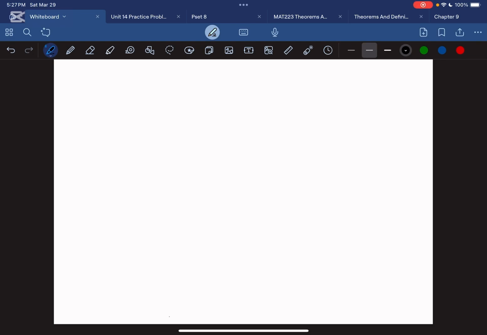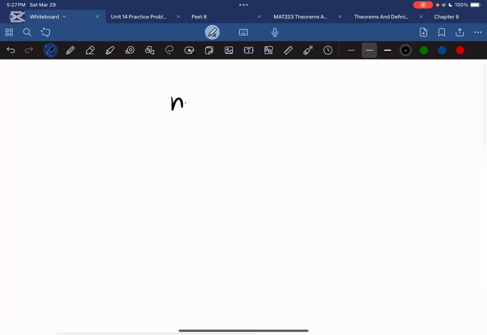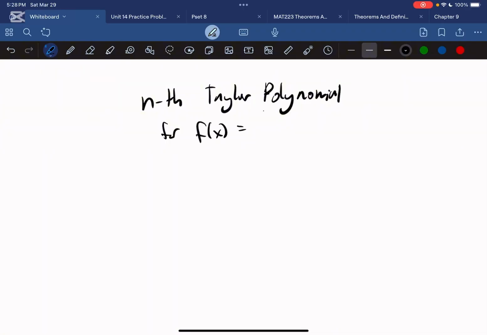Let's do this one first. Let's determine the nth Taylor polynomial for f of x equal to 1 over 1 minus x at a equal to 0. Right?